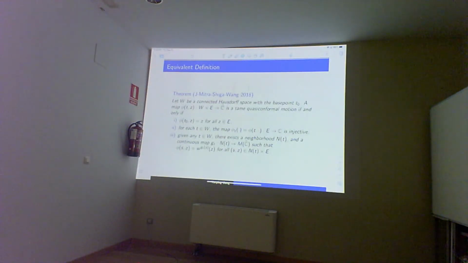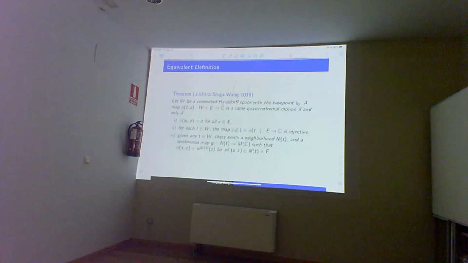Too strict. So let W be a connected Hausdorff space with base point t0. A map phi from W cross E to C hat is a tame quasi-conformal motion if, first, at the base point it is the identity. Second, for every t the map is injective, that's the regularity, right?